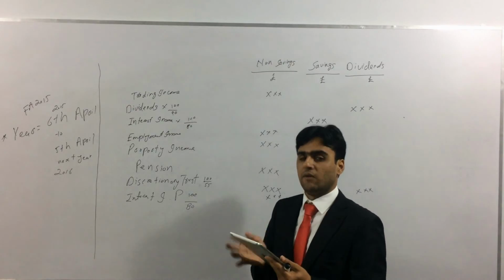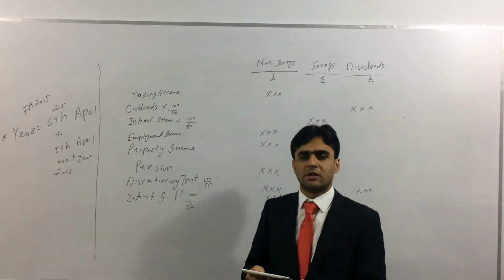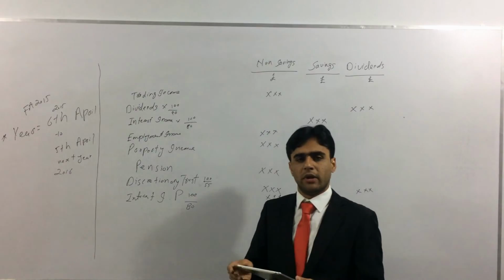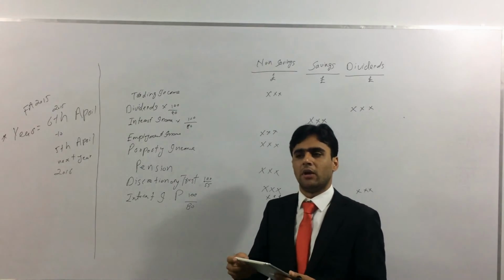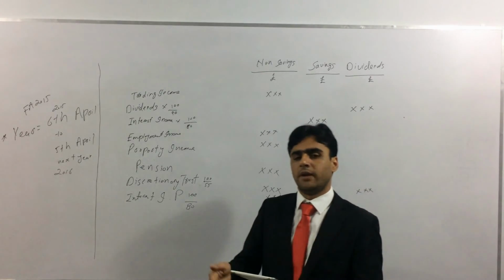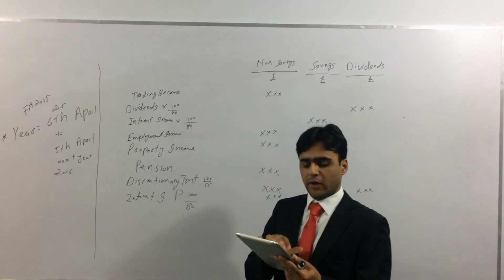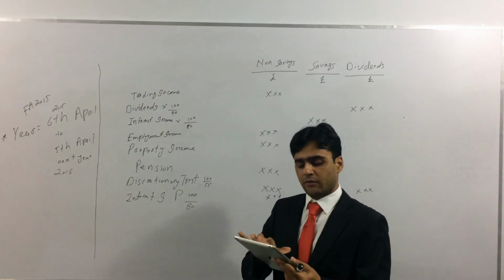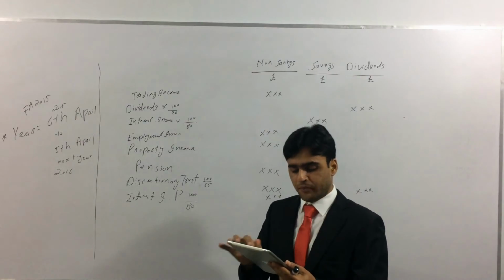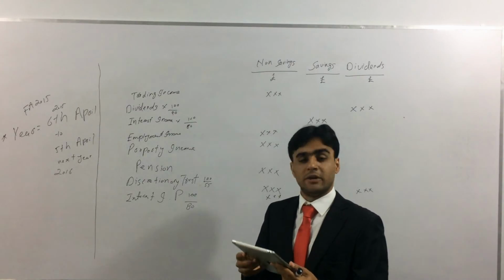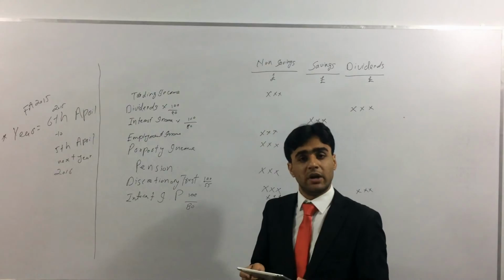That's why we deduct the dividend income first. If you're not understanding this point now, don't worry, we will see later when we do a question, then you will understand it better. But for now, please make sure that you use this order as far as tax reducers and tax deducted at source are concerned, right?